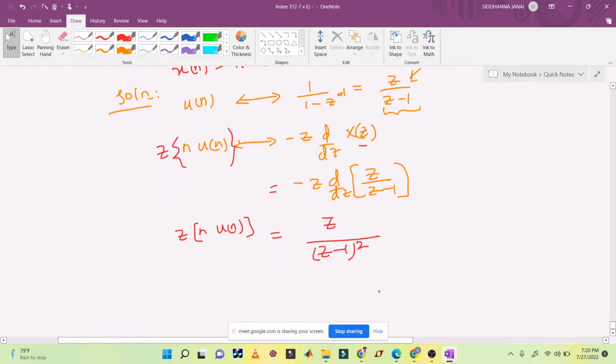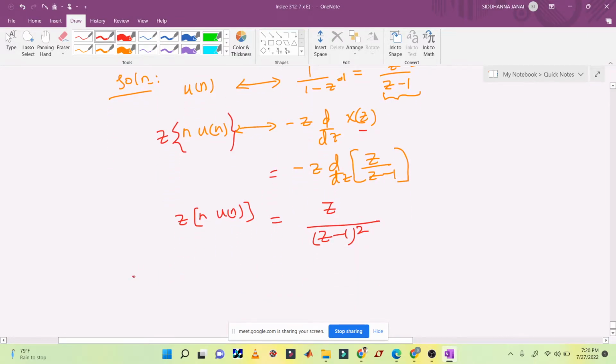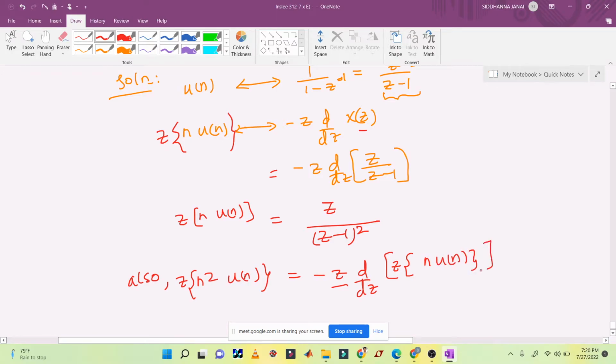Now you also want n square u of n. The z transform of n square u of n is nothing but minus z into d by dz of the z transform of n into u of n.